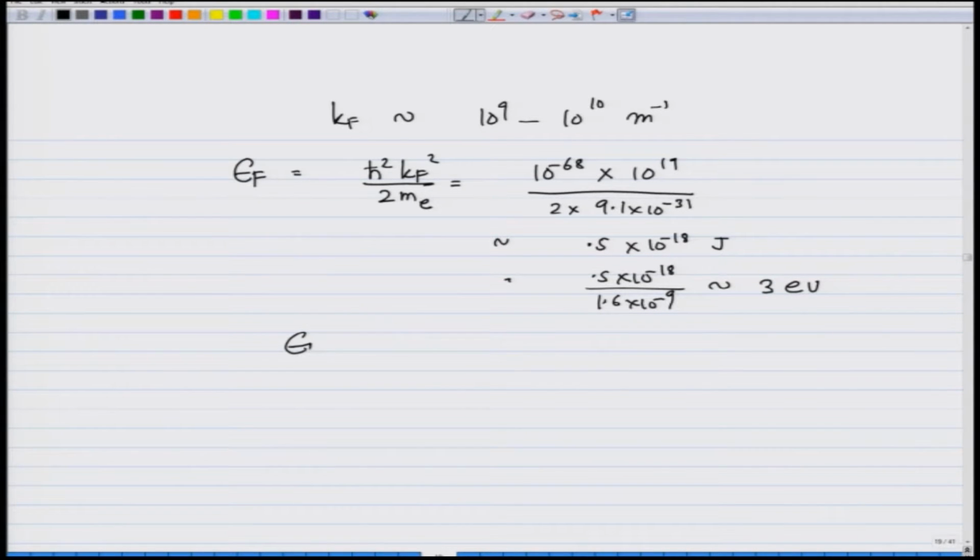So, epsilon f in metals is of the order of 1 to 5 electron volts, given that density.